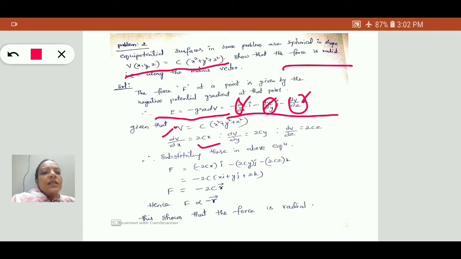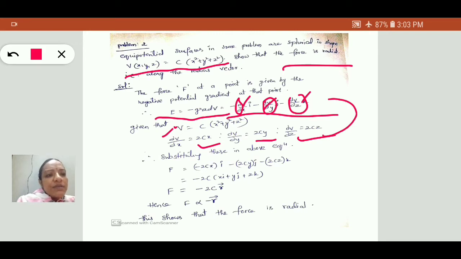Similarly, with respect to y, that is 2cy, and with respect to z, that is 2cz.